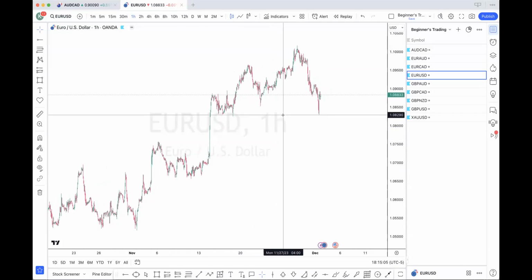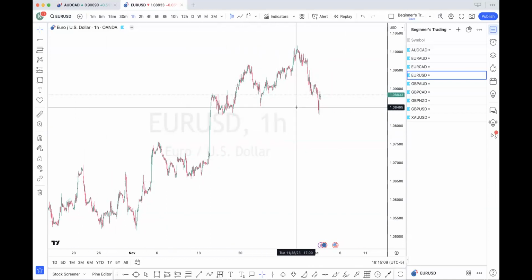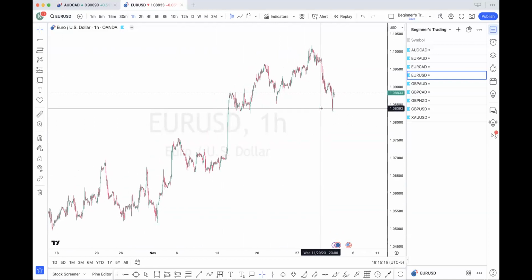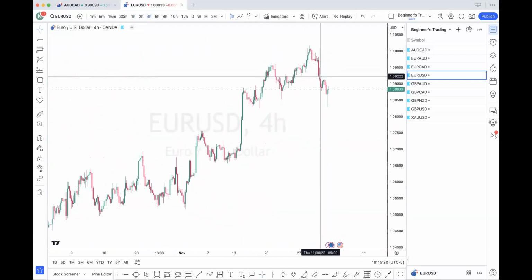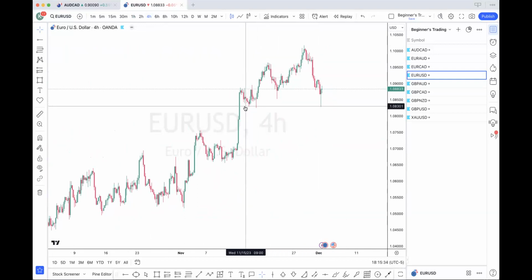Okay. So when you look at where price is on this chart, what do you see? Let me go to the 4-hour so it's not so much noise. Do you see the breaks of structure, the swing lows, the swing highs? Do you understand that part? Yes.